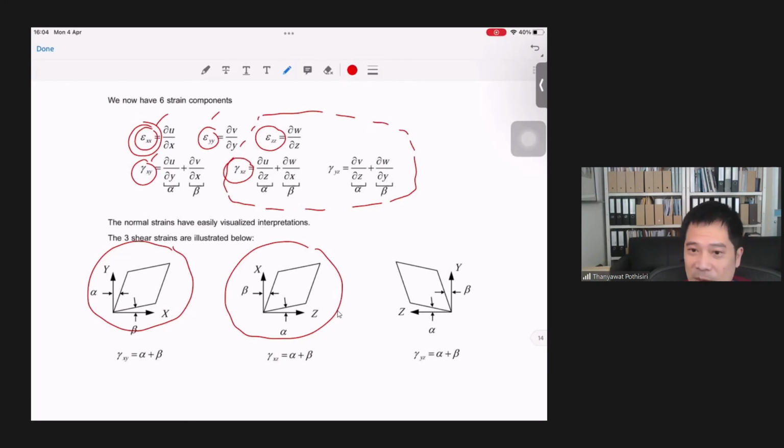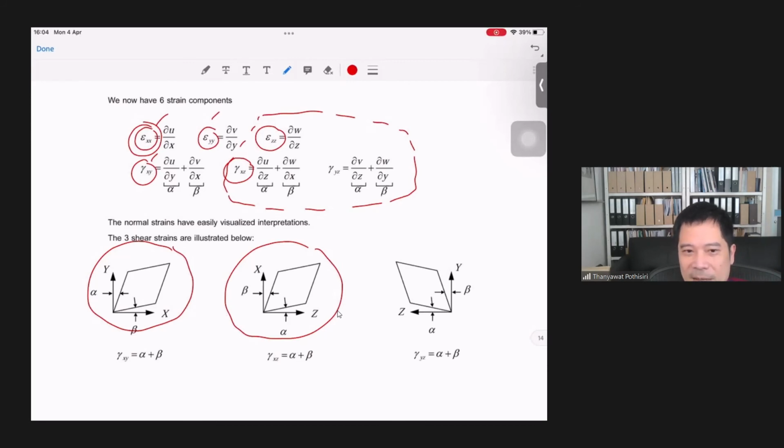So if you extract these three strain components onto x and z plane, everything would be pretty much the same as in xy plane. Okay? So you can do similar computation in xz plane as you did in xy plane.